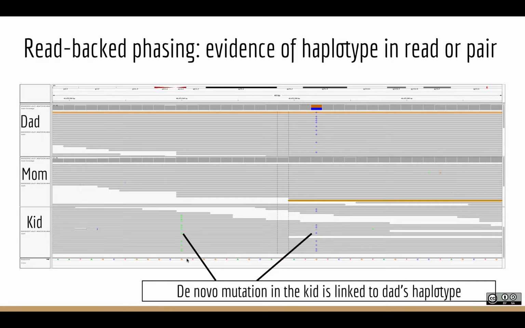Now, one other caveat here is that this individual, the kid, this appears to be a de novo, a new mutation that's found just in the kid because there's no evidence for it in mom or dad. So it's either something that's somatic, we typically sequence blood. So one scenario is that this new allele occurred immediately after the formation of the hematopoietic lineage in this individual. The mutation happens in that first progenitor cell, and then it's projected all the way down to every blood cell.